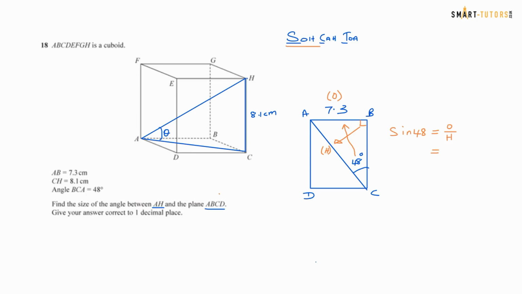Sine 48 is opposite over hypotenuse. Opposite is 7.3, hypotenuse is AC. So cross multiply: AC sine 48 equals 7.3, so AC equals 7.3 divided by sine 48.